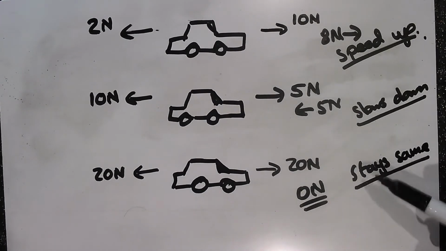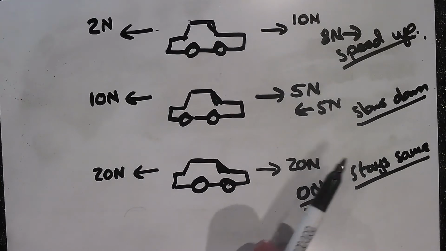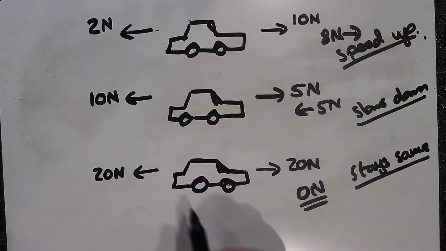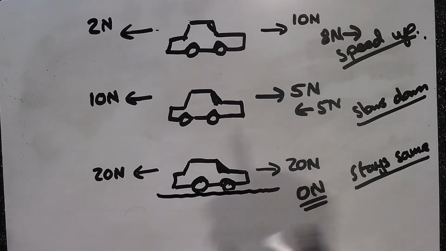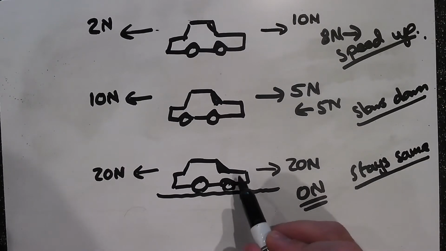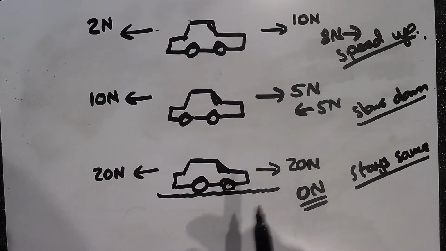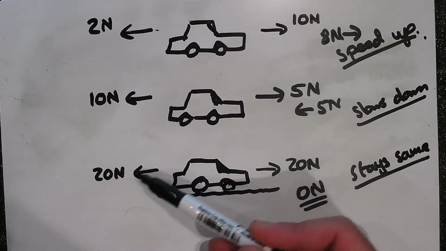Now, this one has 2 options, and this is where things can get slightly confusing. I'm assuming this is the positive direction of motion, but I don't know what's going on. This car could be going along a road doing a speed of say 5 meters per second or something, or it could just be sat there and for some reason they put their foot on the brakes, so the wheels are locked, but they're also revving the engine at the same time, and so the car's pushing with 20 newtons and the brakes are pushing with 20 newtons.